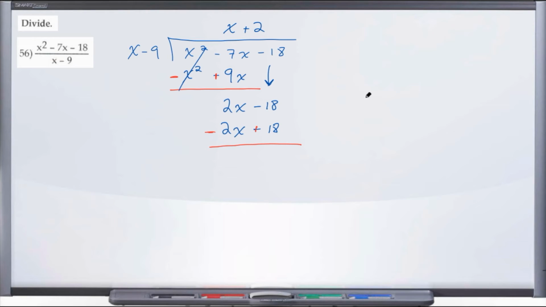And now we have 2x minus 2x goes away. -18 plus 18 goes away, so we're left with 0. There's nothing else to bring down, and so our remainder is going to be 0. When there's nothing else to bring down, whatever you are left with is going to be a remainder, and in this case it's 0, so it's nice. And therefore our final answer is just x plus 2.